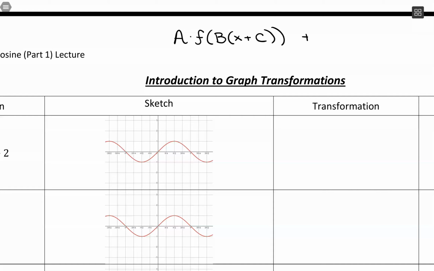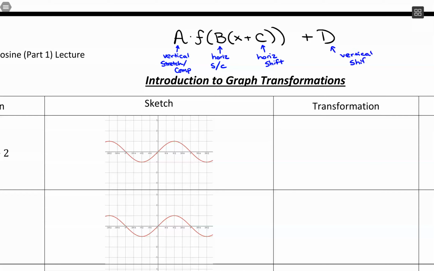And then we could be adding or subtracting something outside the function. Each of these brought about different transformations. This value A was a vertical stretch or compression. B was a horizontal stretch or compression. C was a horizontal shift. And D is a vertical shift.